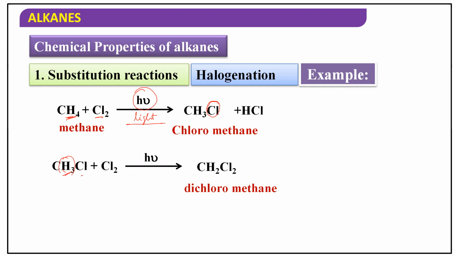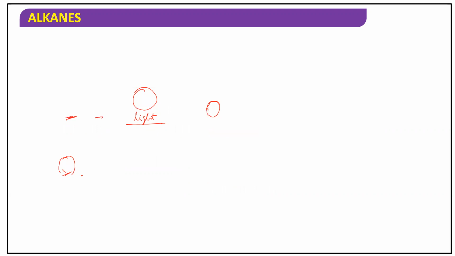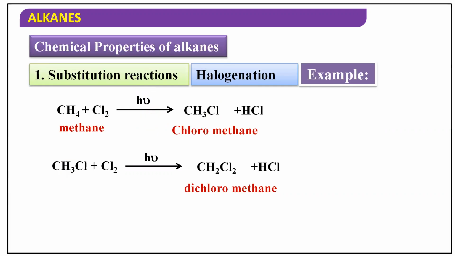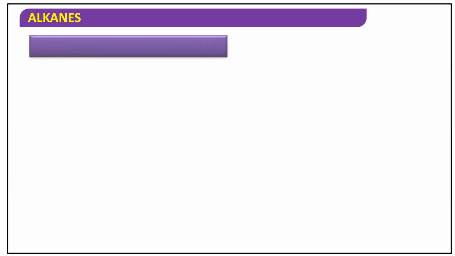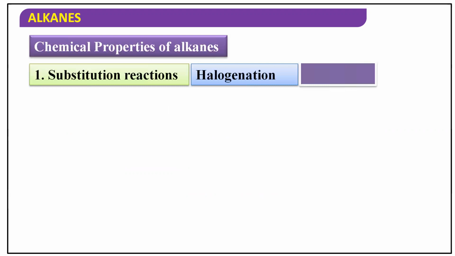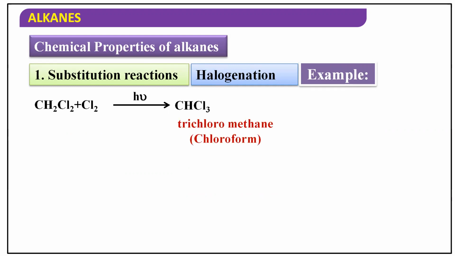Chloromethane, one more mole of chlorine is added, then dichloromethane, 2 hydrogens have been replaced, right? So first one chlorine, one hydrogen has been replaced, chloromethane. Then one more hydrogen has been replaced, dichloromethane has been formed. Still, there are 2 more hydrogens, right? So again, CHCl3, trichloromethane, common name chloroform, plus HCl.